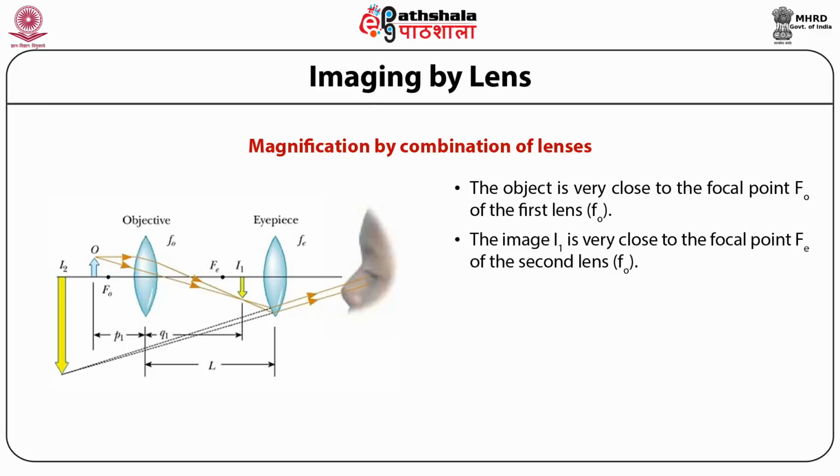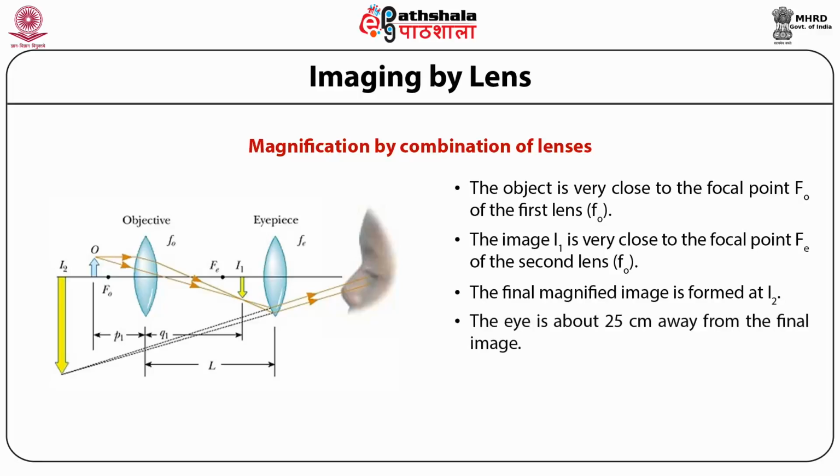Using ray optics or geometrical optics, we find that the image created by this combination of lenses is at a point I2, and the final magnification by this pair of lenses that is visualized by your eye is given by the separation between the two lenses, that is L, divided by the focal length of the objective lens f0, times the final distance of the image from your eye, that is about 25 centimeter, divided by the focal length of the lens close to your eye, that is fe.